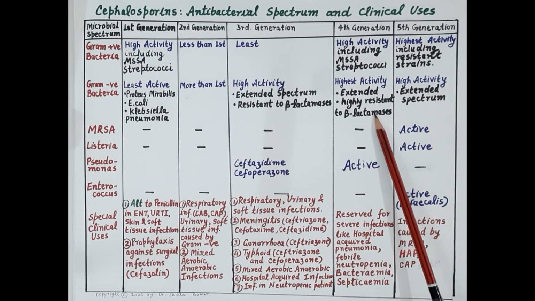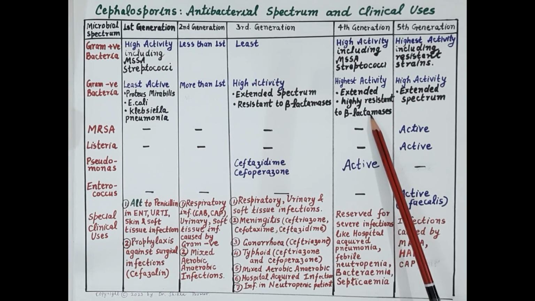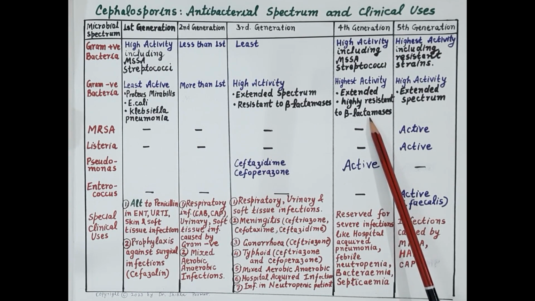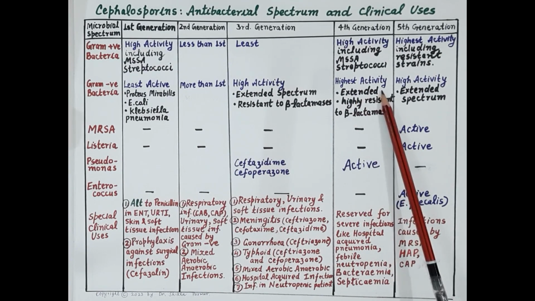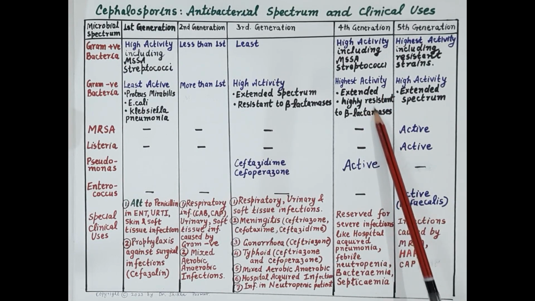Now, very important, cefepime exhibits the highest activity amongst all cephalosporins against gram-negative bacteria. It's effective against an extended gram-negative spectrum, and it is also highly resistant to beta-lactamase produced by gram-negative bacteria.